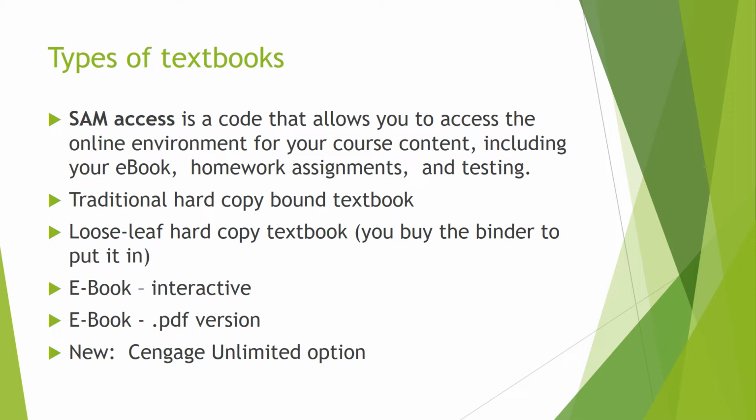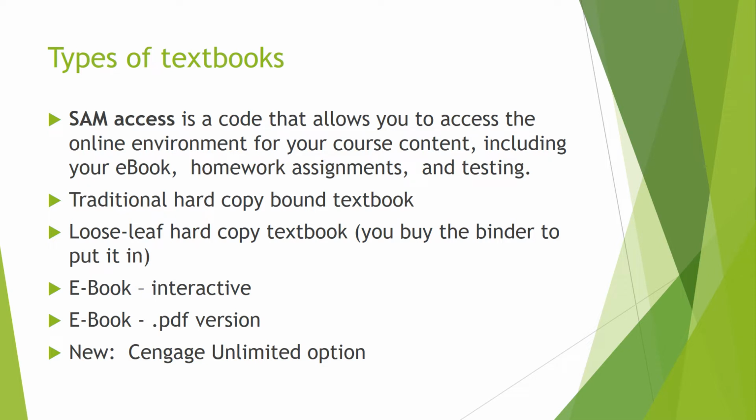We also offer a traditional hard copy bound textbook option if you prefer to have that. We also have a loose leaf hard copy textbook. It's where it comes just printed in paper, has 3 holes in it, and you buy a binder to put it in. There's also a regular ebook, which is an interactive ebook.